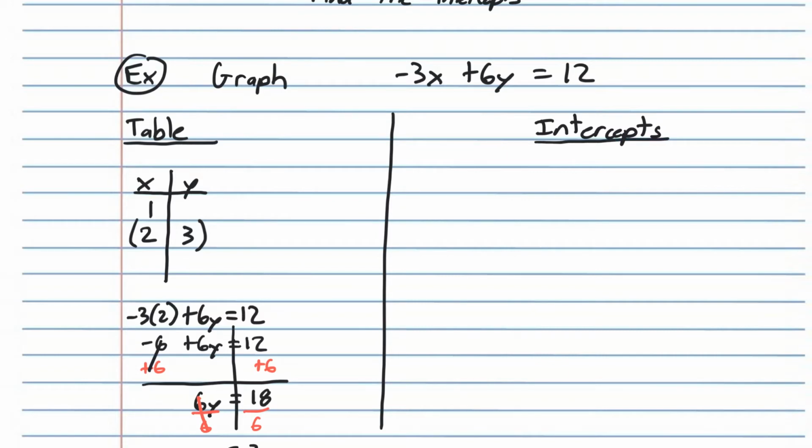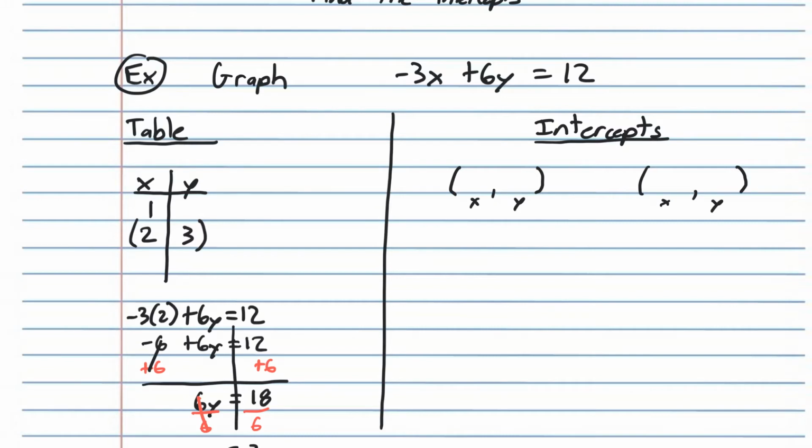The idea with intercepts is we're going to find the 2 points where the line crosses our axis lines. Where does it cross the x-axis and where does it cross the y-axis? The reason it makes it a little bit easier is because if you think about those coordinates, the x-intercept and the y-intercept, we know that one of the values is going to have to be 0.